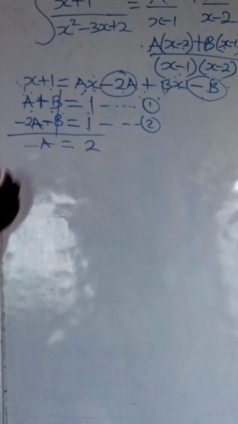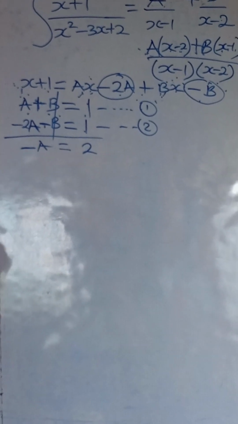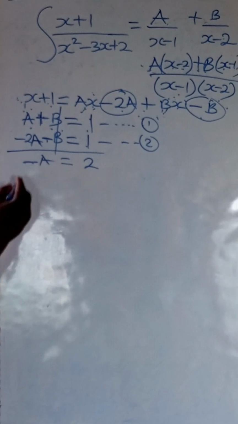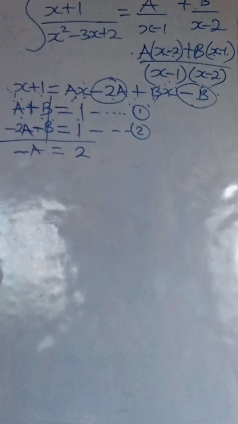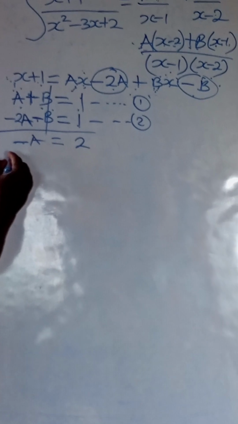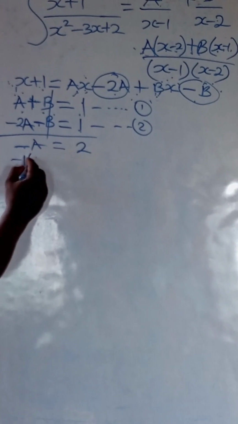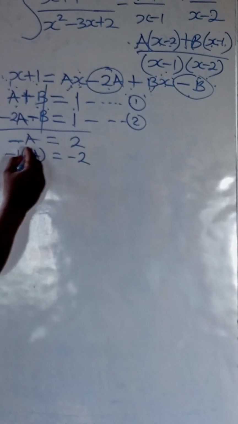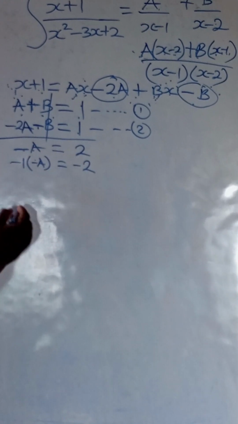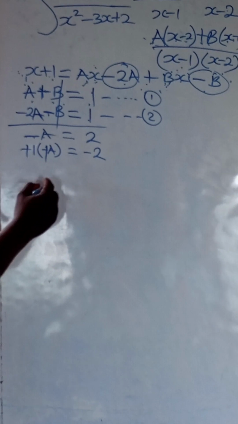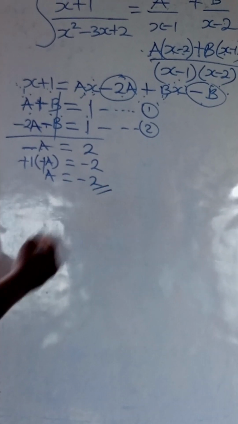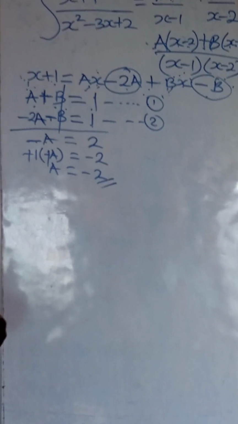Now, I want to get rid of this negative sign here. What will I do? I multiply with minus 1. Whatever is done to this side should be done to the other side. This minus cancels out. Then I'm left with A equals to minus 2.